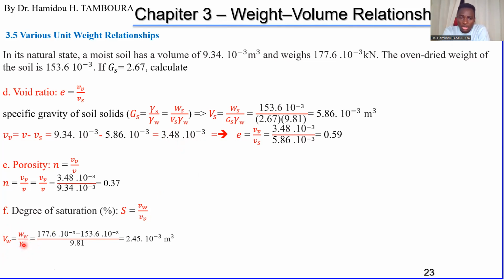The unit weight of water is constant, as I told you here. It doesn't change. No matter where you are, where you go, it's the same, 9.81. Okay, but the weight of water now, how can we obtain that? To obtain the weight of water, we can take the total weight.